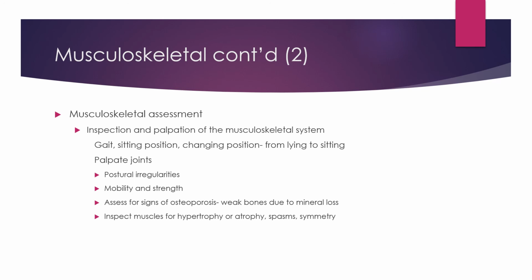Upon inspecting the musculoskeletal system, you want to inspect and palpate it. You want to assess the patient's gait, their sitting position, how they change positions from lying to sitting, palpate the joints, and note any postural irregularities, such as scoliosis, which would be a sideways or S-shaped curvature of the spine, kyphosis, which is an outward curvature of the thoracic spine, lordosis, which is a condition that causes an increased lumbar curvature just above the buttocks area.